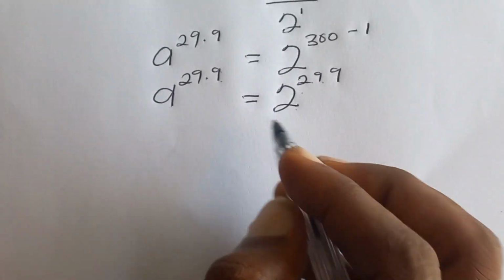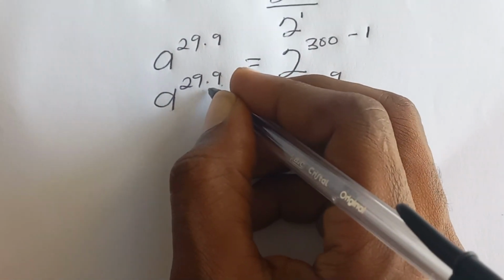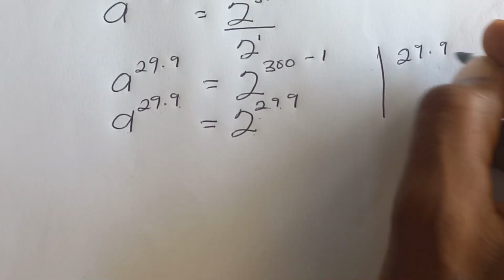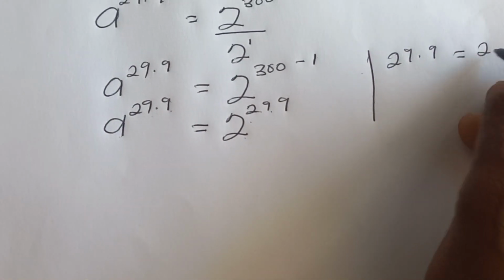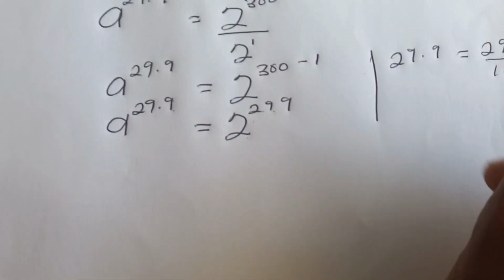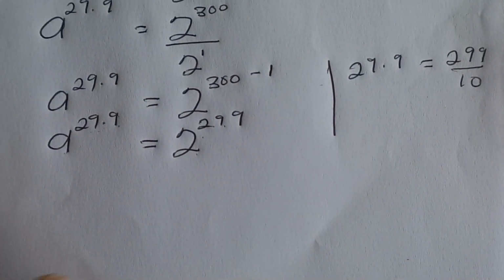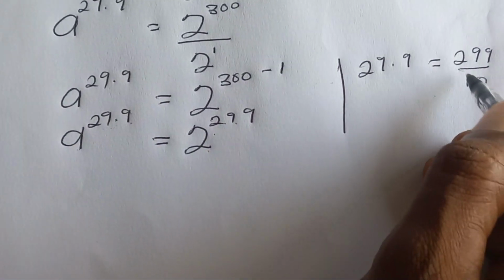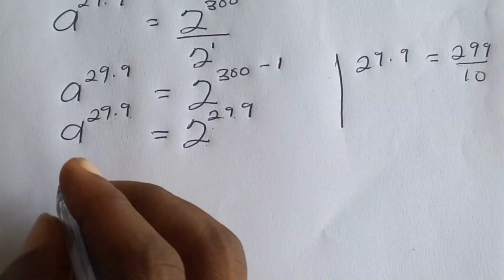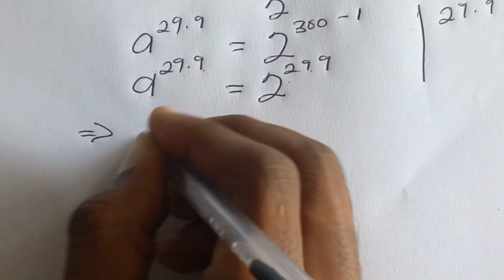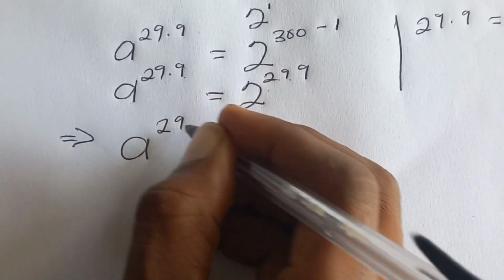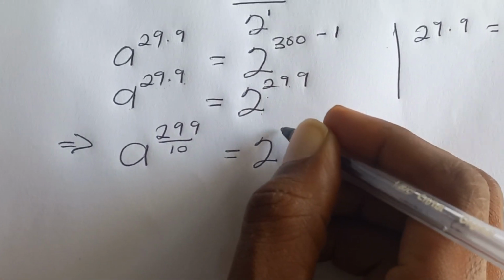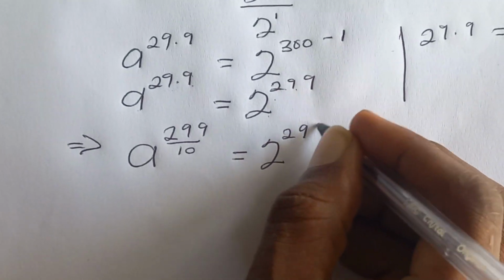Now we are going to take this 29.9. 29.9 is the same as 299 divided by 10. So if you get this, we can change the exponent of a to be 299 over 10. So we are going to get a exponent 299 on 10 is equal to 2 exponent 299.